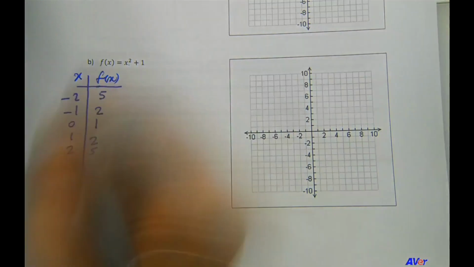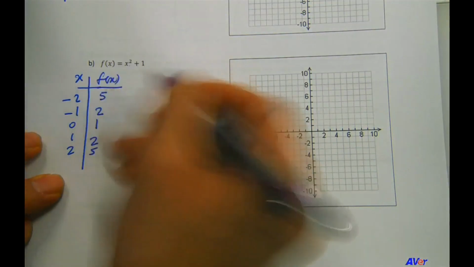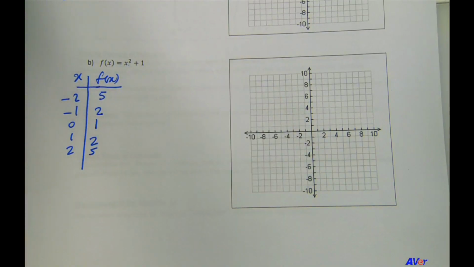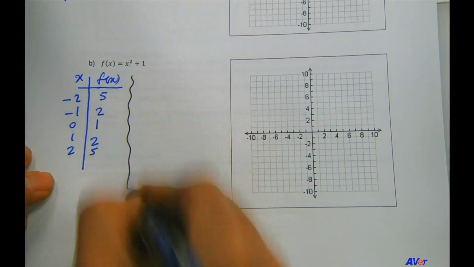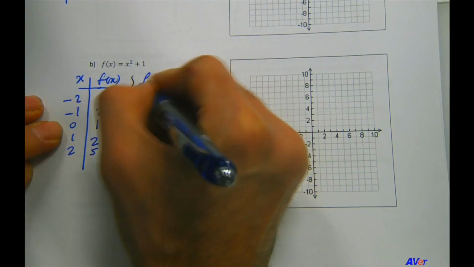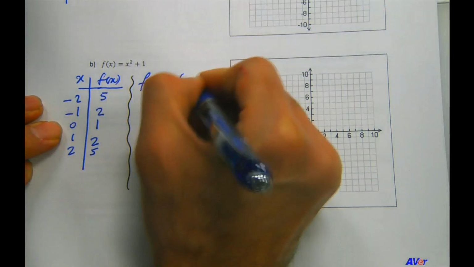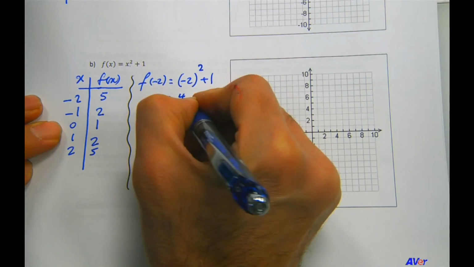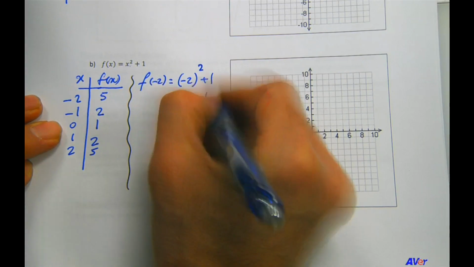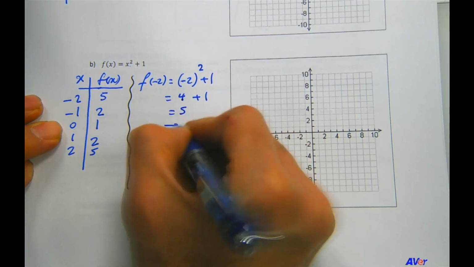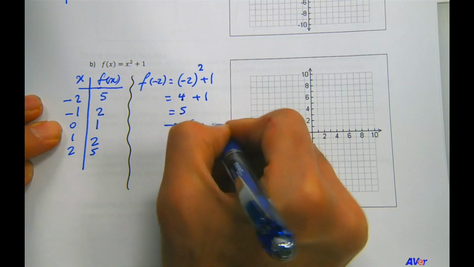Let me do a couple of these. I mean, show how we plug them in. So the function at negative 2 will be negative 2 squared plus 1. Negative 2 squared is positive 4 plus 1, because negative is also being squared, right? So equals 5. So we have negative 2 comma 5.